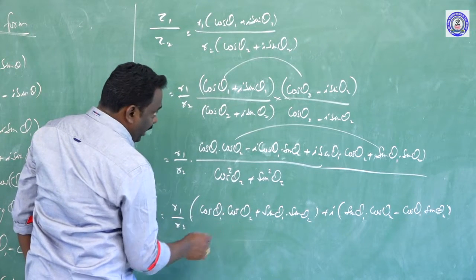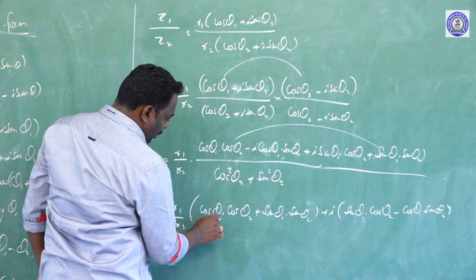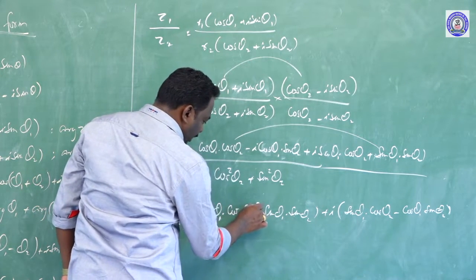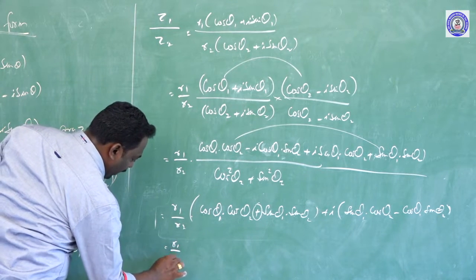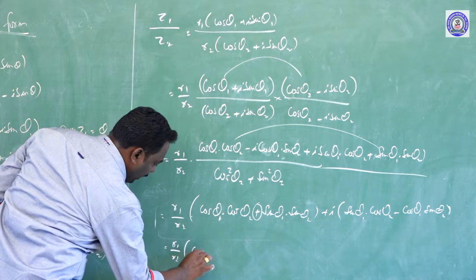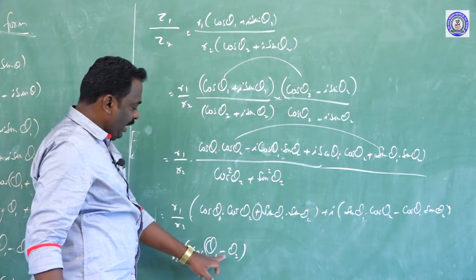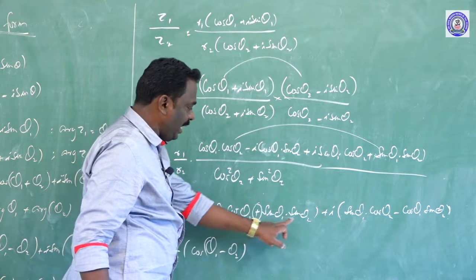Therefore, applying the same formula, where theta 1 is a and theta 2 is b: cos a into cos b plus sin a into sin b, we can apply it as the minus formula. Therefore it is r1 by r2 into cos of (theta 1 minus theta 2), since cos (a minus b) equals cos a cos b plus sin a sin b.